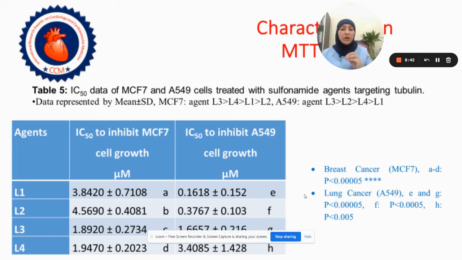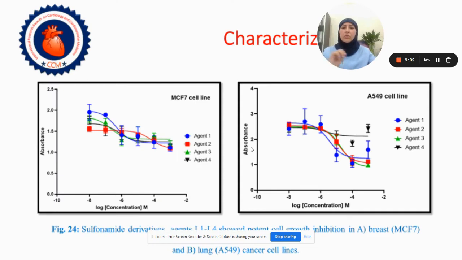And we found that especially L3 is potent in both cell lines, below 1.8 micromolar. These results are the average of 3 runs. And you can see from these graphs how the agents reduce cell proliferation.